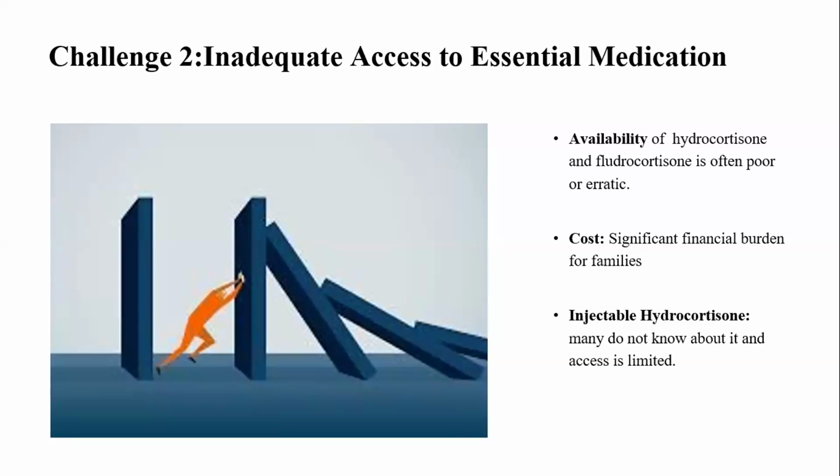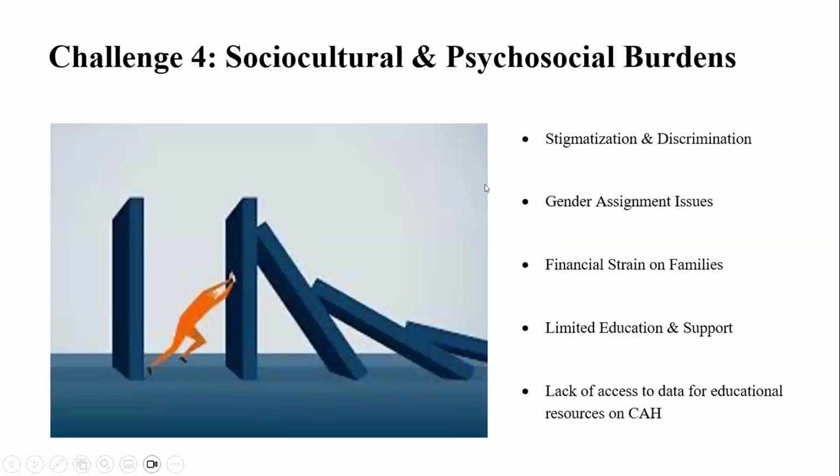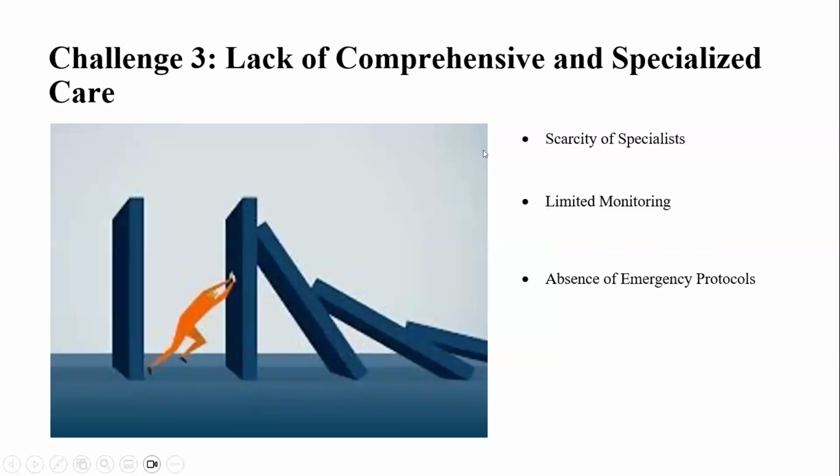And then the third challenge, lack of comprehensive and specialized care. Firstly, it's scarcity of specialists. There are very few pediatric endocrinologists or specialized healthcare teams for us. First of all, we have very few endocrinologists. Currently, in Zimbabwe, I think we have one pediatric endocrinologist.